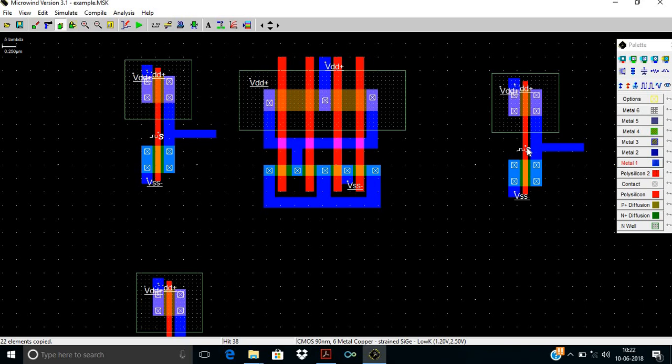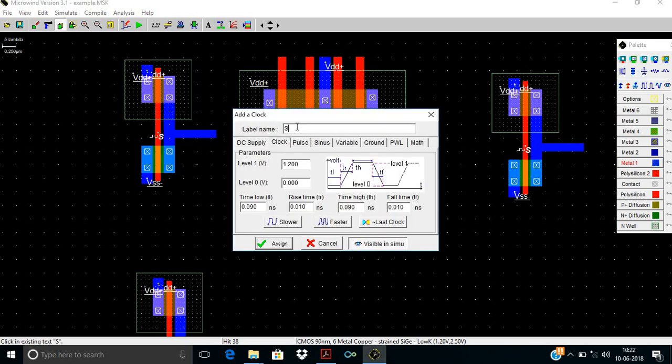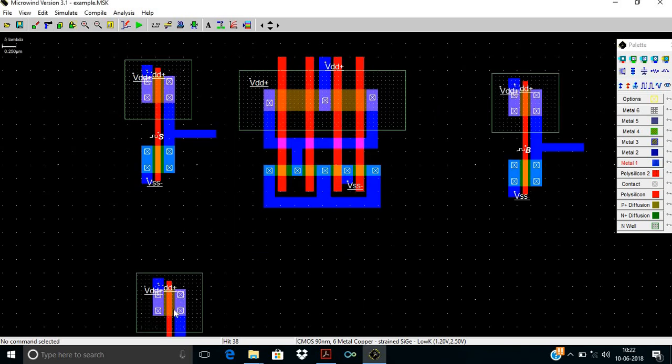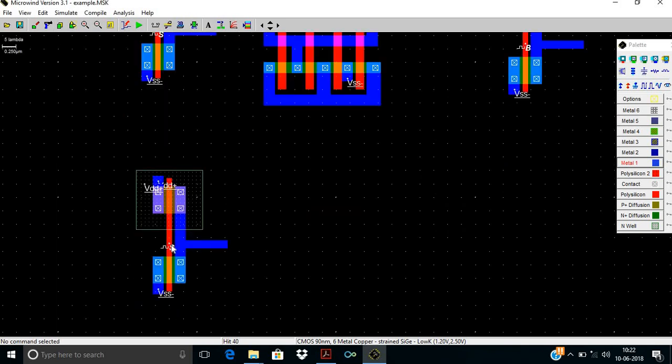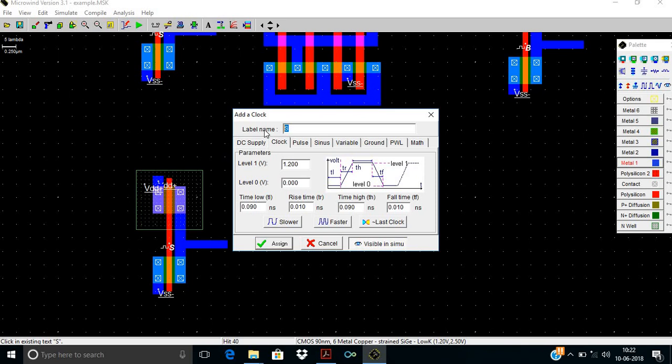This is the S, this is the B, and this is the B bar, A.